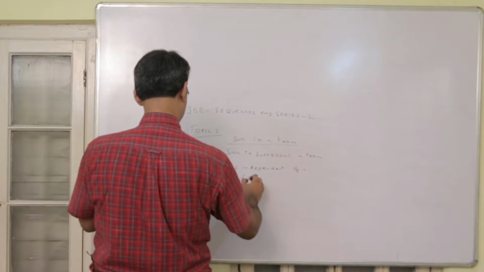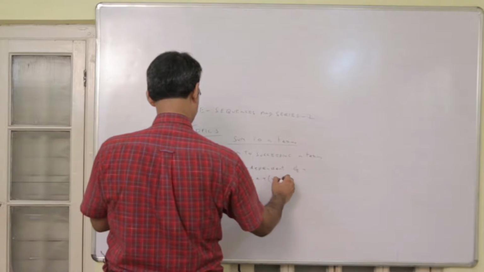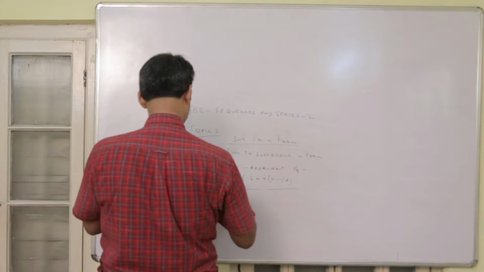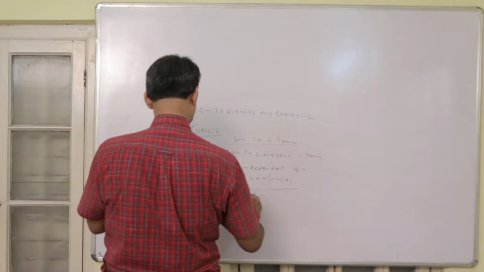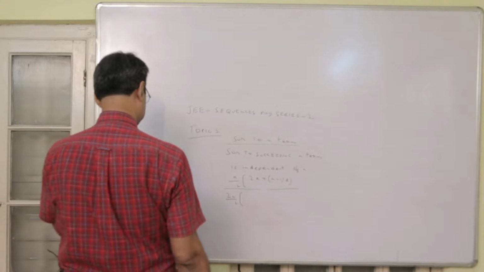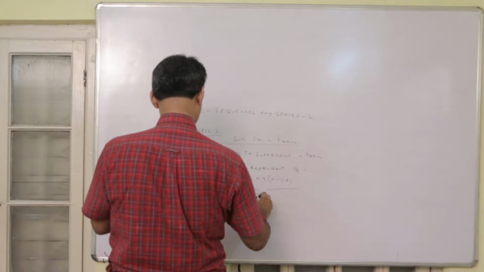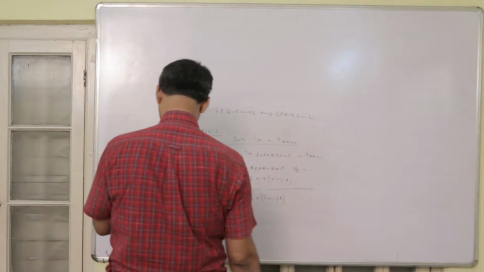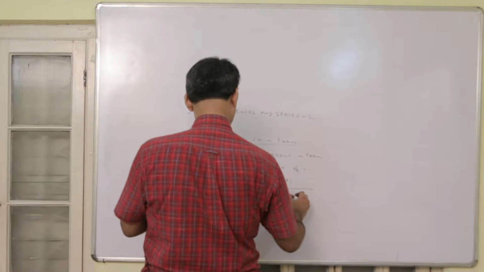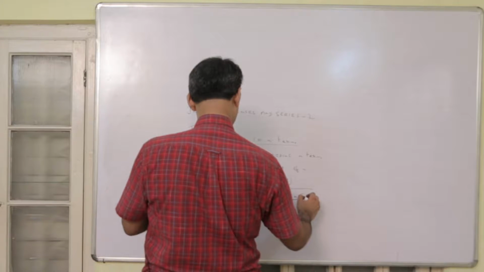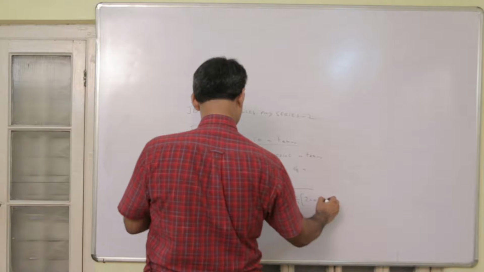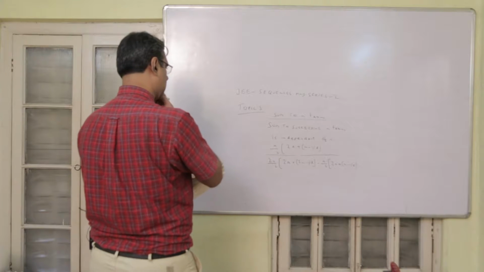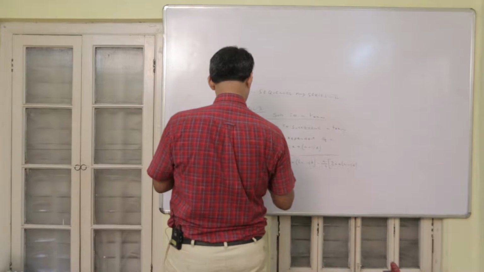So the calculation will be like this. The numerator is the sum to n terms and the denominator is the sum to succeeding n terms.